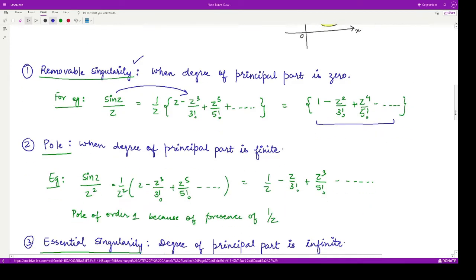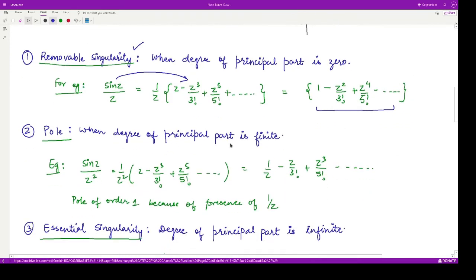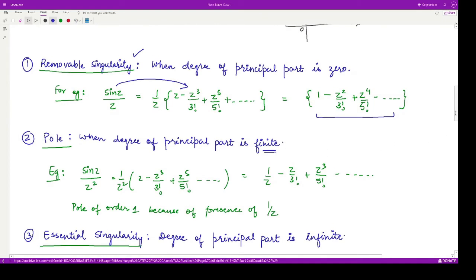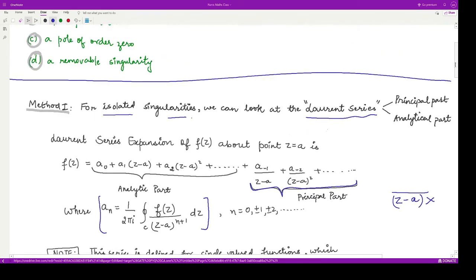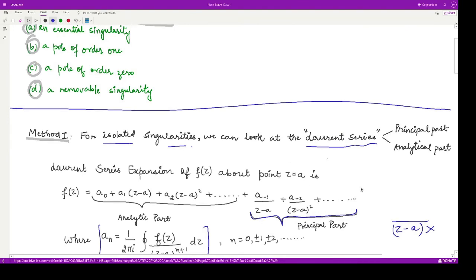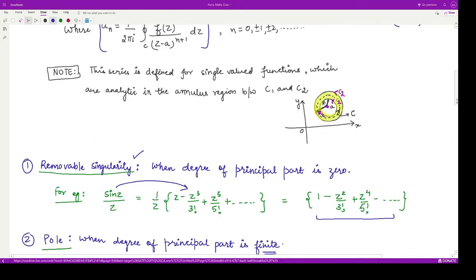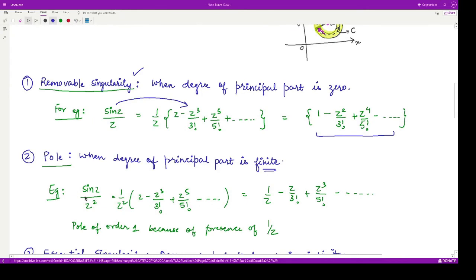For a pole, if the degree of the principal part is some finite number, that means we have a finite number of terms of z which appear in the denominator. So in the principal part we have a certain finite number of terms present. For example, take the function sin z divided by z square. When you expand it into the series form, you will have something like this.